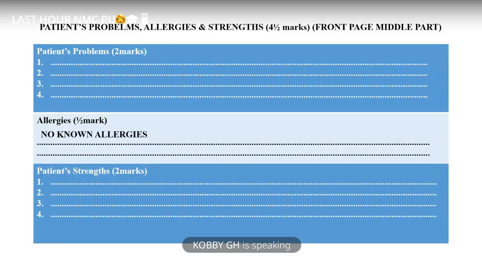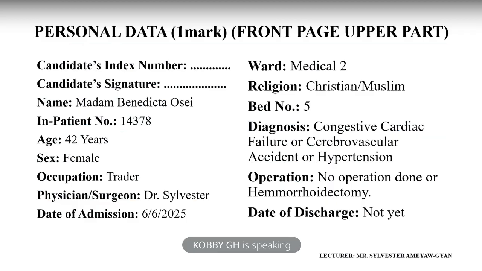Just as I keep saying, every day, among the candidates that come, someone still writes the patient's strength instead of the allergies. Even though we keep emphasizing it, every day people are still committing that error. Is that okay? Good. So after writing your index number and signing, the next thing you write is no known allergies.